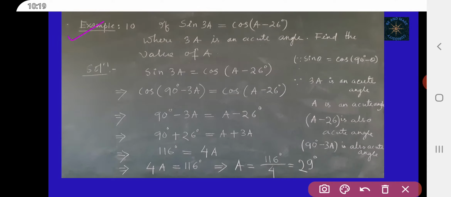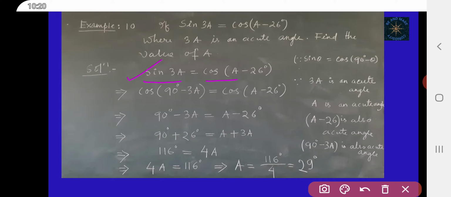Example 10. If sin 3a is equal to cos a minus 26 degree, where 3a is an acute angle, find the value of a. 3a is an acute angle. So here you see this side is in sin, this is in cos. So you write sin in terms of cos or cos in terms of sin.